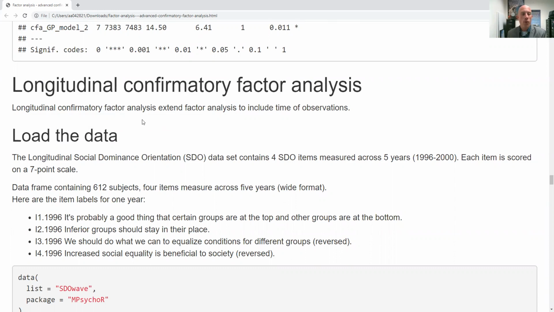All right, so for this one, we're going to use social dominance orientation. It contains 4 social dominance orientation items measured across several years on a 7-point scale.